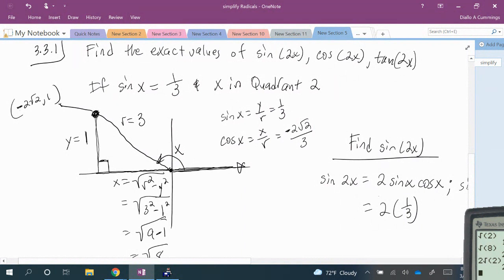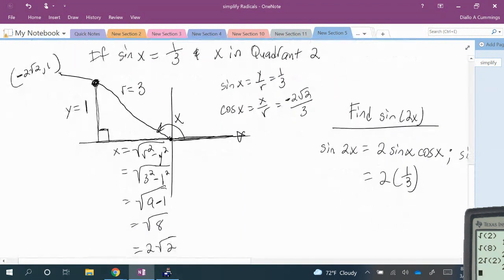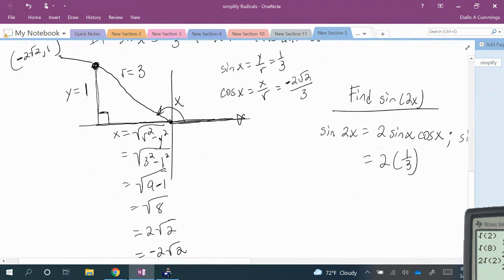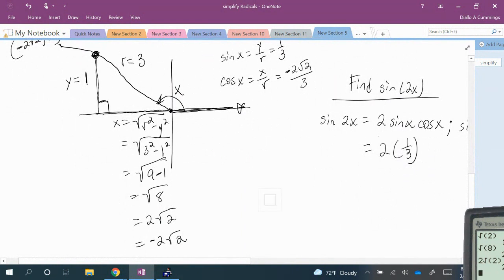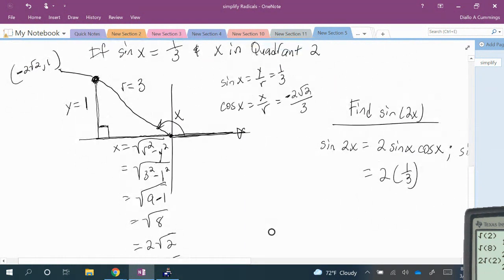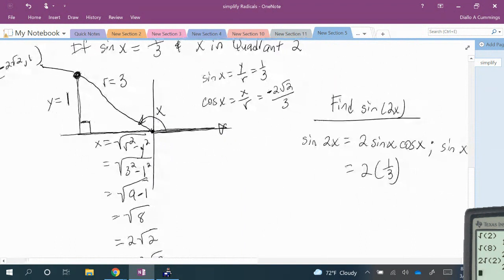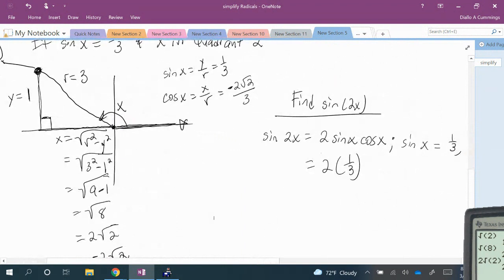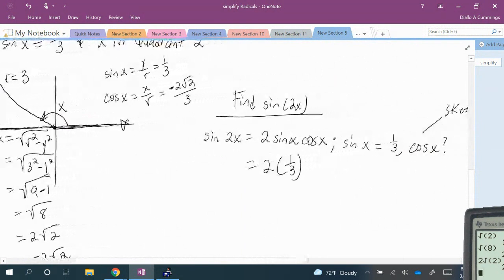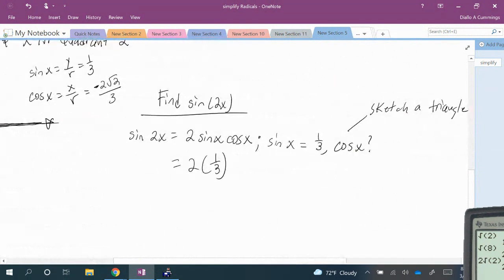So in order to find the cosine value, we sketched out an angle in the second quadrant, dropped the perpendicular, and figured out x. We re-examined the triangle to make sure our signs were right. We found from the triangle sketch that x was negative just based on the direction we were moving. And from that point, we were able to determine the cosine value.